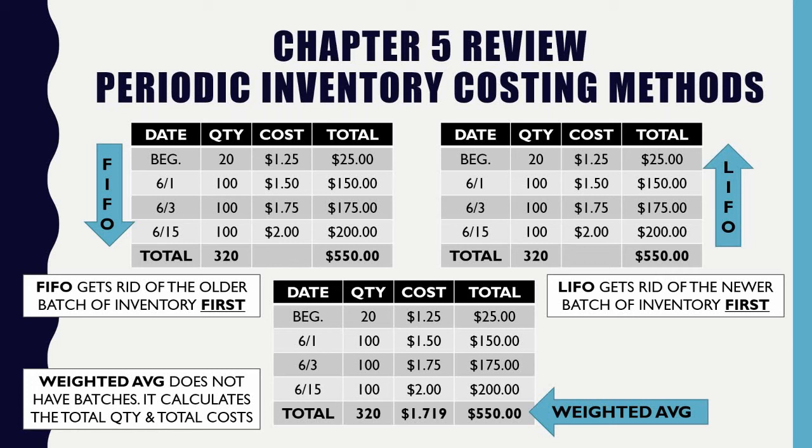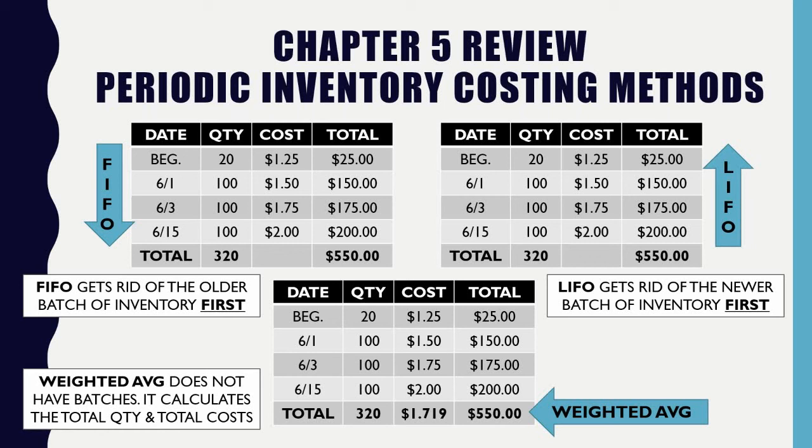So the idea here is you need to be able to know the difference on what you're calculating, okay? So here's a quick overview because we're going to be practicing how to calculate each one.